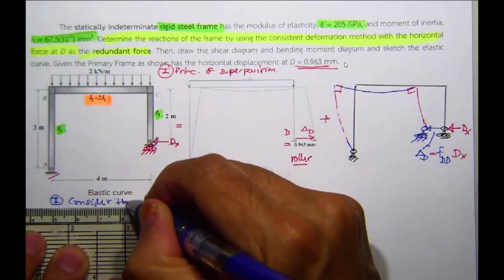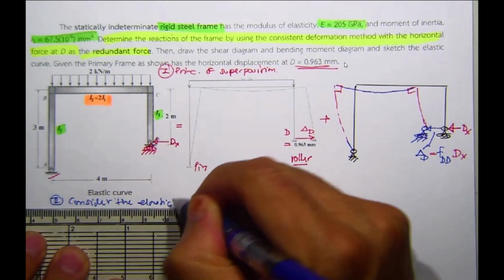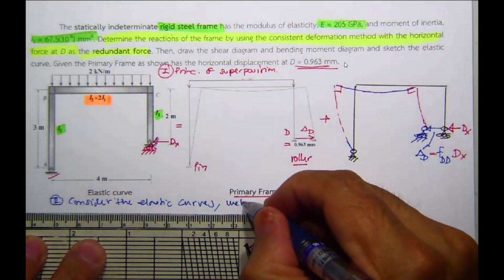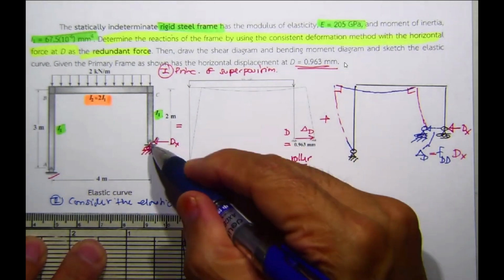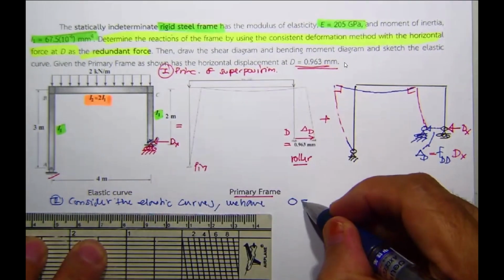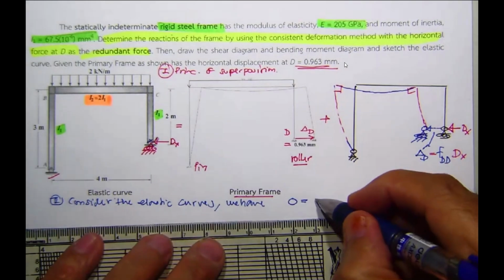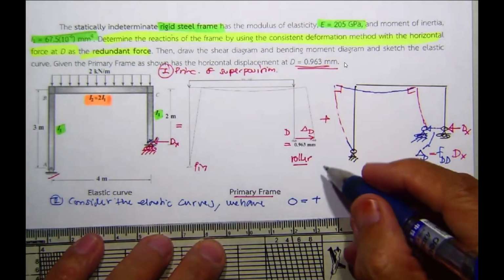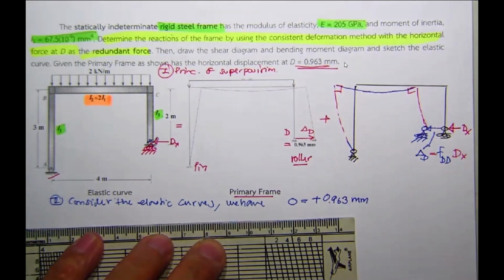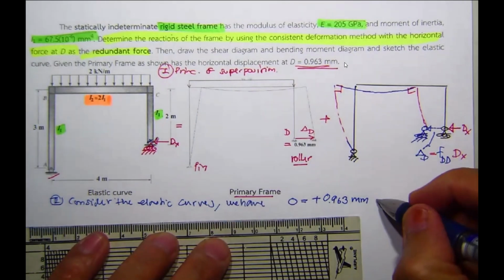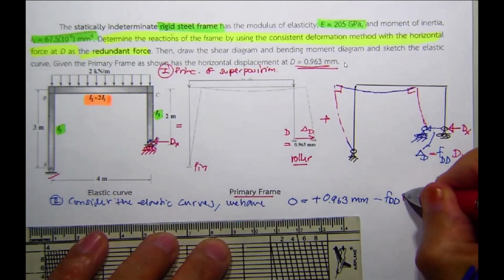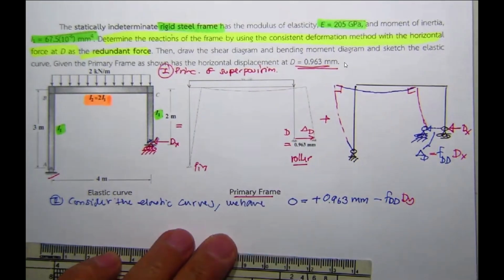we have what? If you set this direction to be positive, we have 0 equal to 0.963 millimeter, and this is in the opposite direction, minus f sub DD times D sub x.